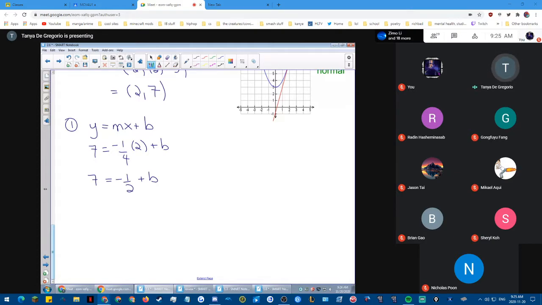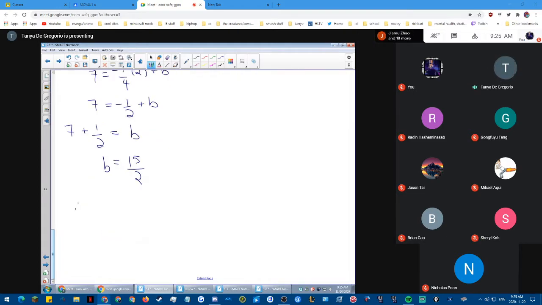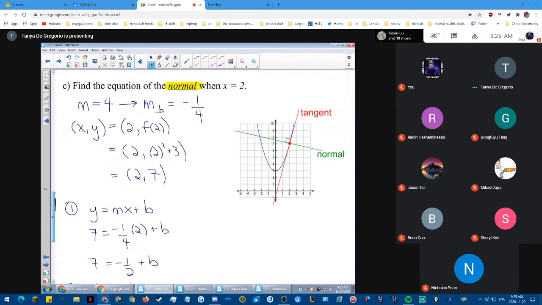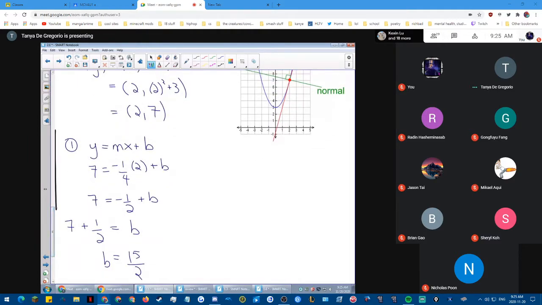Bring it over to the other side. And you should be able to quickly see that we've got 14 plus 1 when you're finding a common denominator. And so b is equal to 15 over 2. Therefore, y equals there's my slope line. Method 1. Method 2.